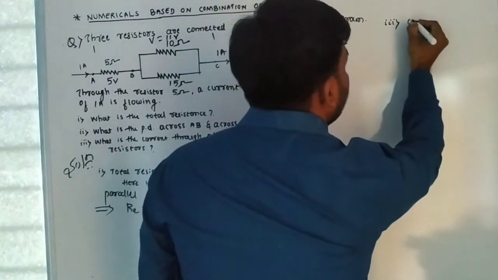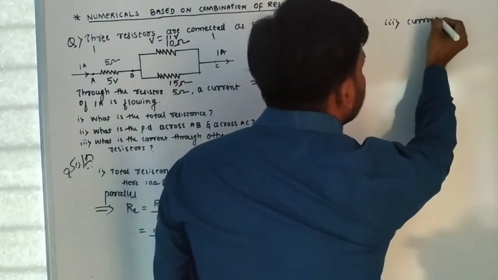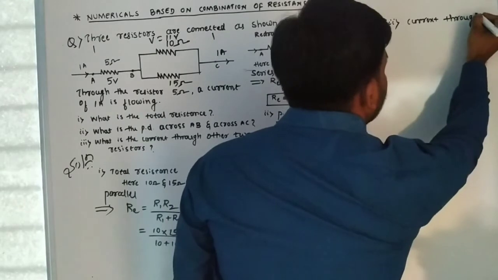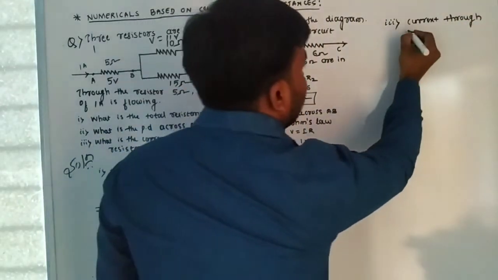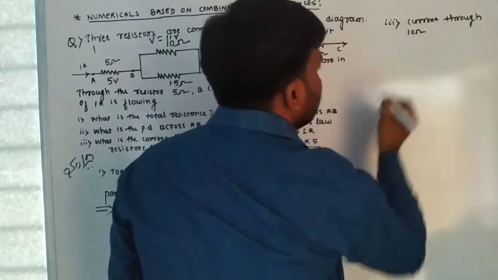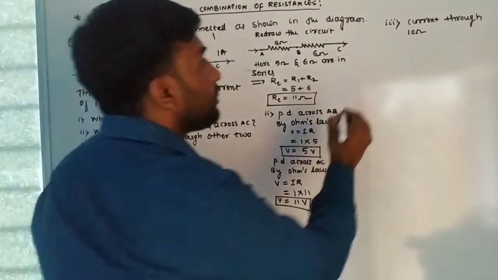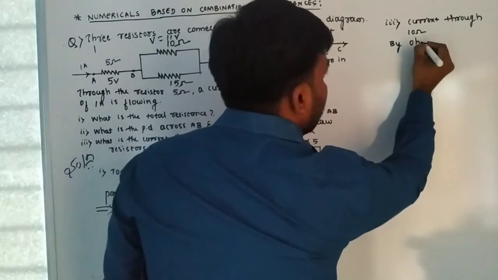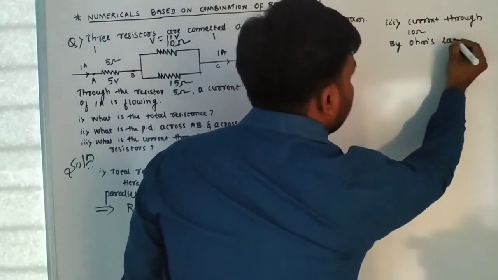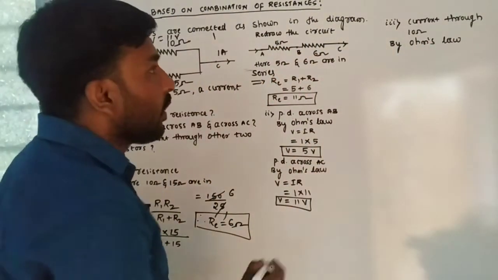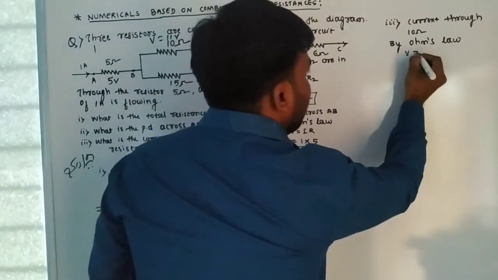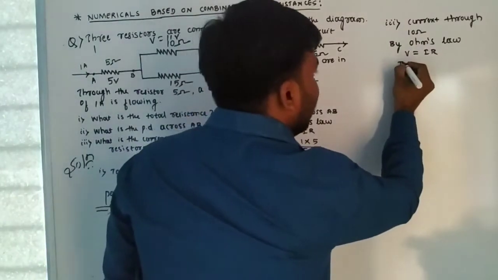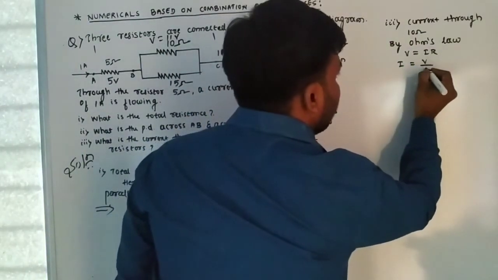So here, current through 10 ohm resistance, by Ohm's law. We have V is equal to I into R. Therefore, I is equal to V divided by R.